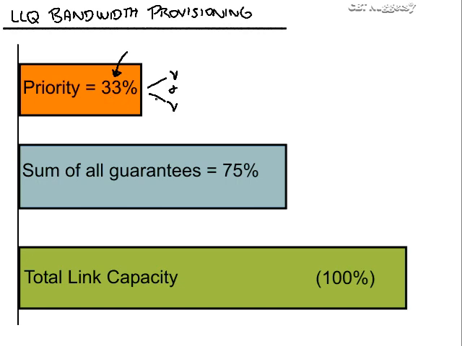Now I know your gut reaction is, well wait a sec, if the bandwidth isn't being used, why can't I allow the voice and video to use the bandwidth left over? Why are they now limited to 33%? Well, it's because of the architecture of how this works. Imagine if we did do that. Imagine if we allocated 33%, but we said, you know what, voice and video, if you need it, you can take whatever bandwidth you need. We'll allocate 33% of priority, but you can take 50% if you really need it.